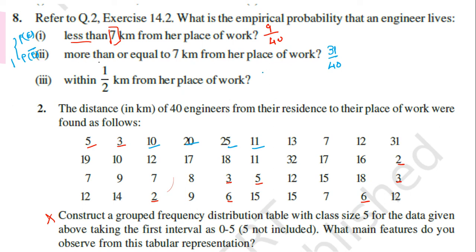So how many numbers will you get? Not a single number. Then 0 by 40, and 0 by anything you will get 0. So its probability is 0. So the third answer is 0. Again, as I have told you, such a long question but such an easy answer.